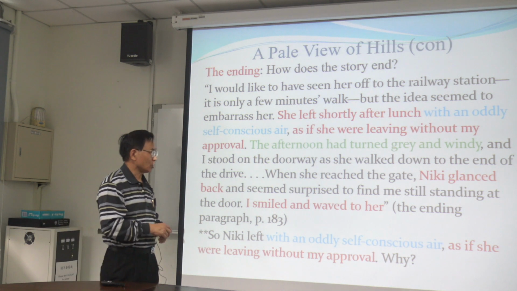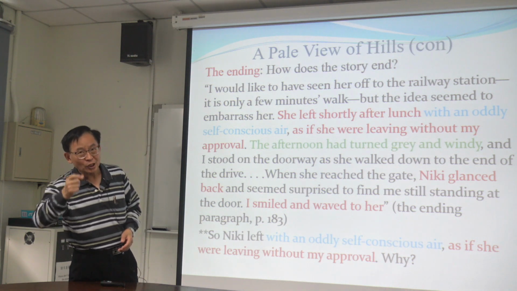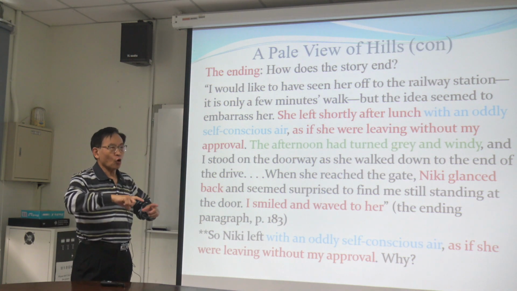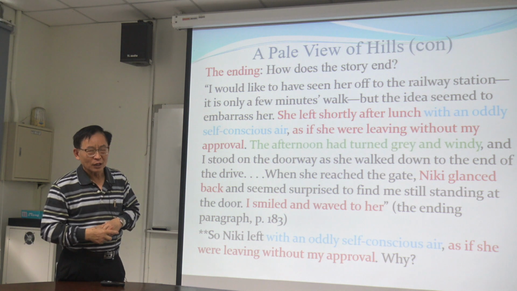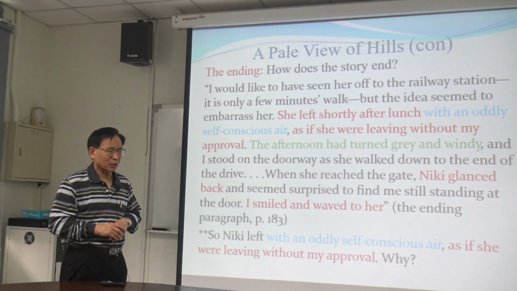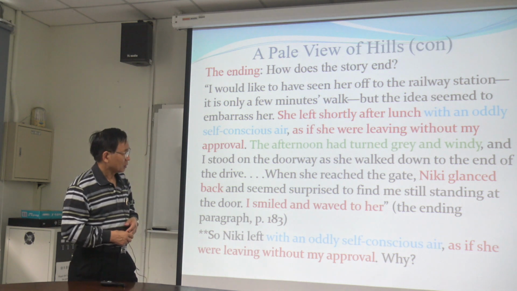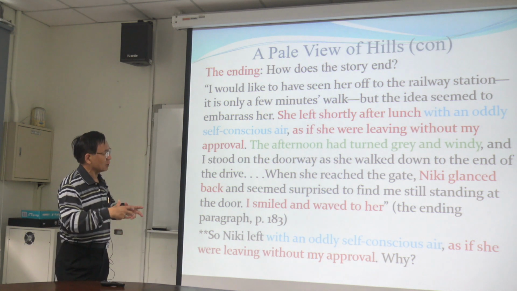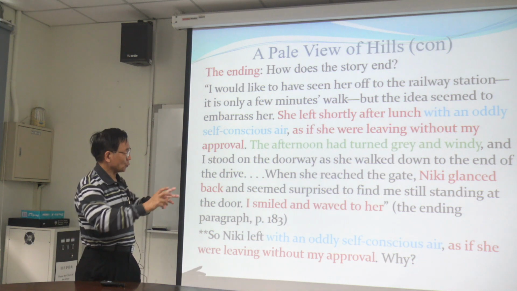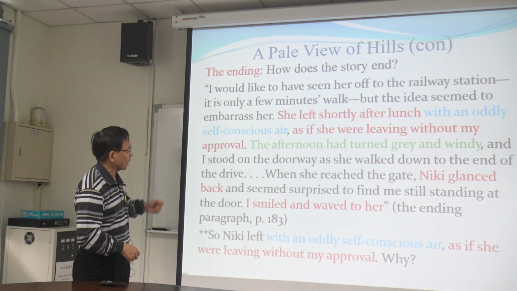So if you use these two adjectives, gray and windy, to describe the overall tone of the novel, I think you are quite in the right, okay? In other words, the overall tone, 语调, of the novel is gray and windy.